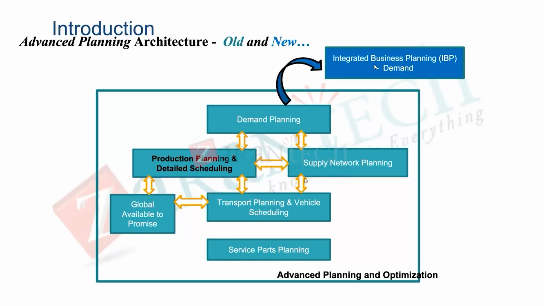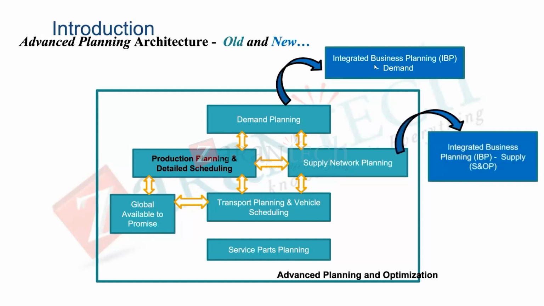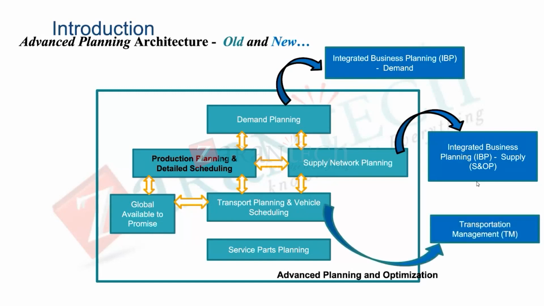SNP is also migrated to Integrated Business Planning. In IBP there are modules: IBP demand is equivalent to this demand. IBP S&OP also has some sort of demand, but I'm not going into those details. Indicatively, this says demand equals demand. SNP becomes IBP supply or S&OP.